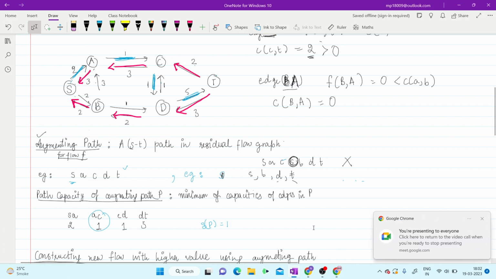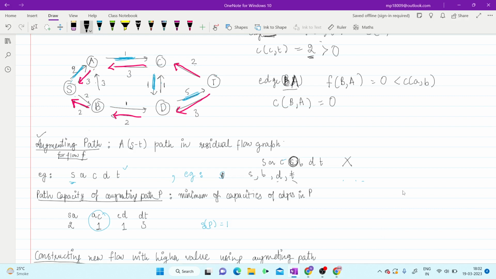Okay, so what is the path capacity? We look at the capacity of all the edges appearing in the augmenting path, and the minimum of those capacities is the path capacity.